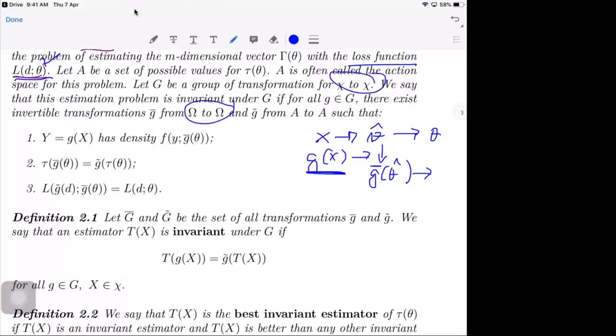That means if you apply a transformation or a group of transformations on x, you can go back to x. At the same time, the same is true when we do a transformation with g bar. So it is just invertible, no?